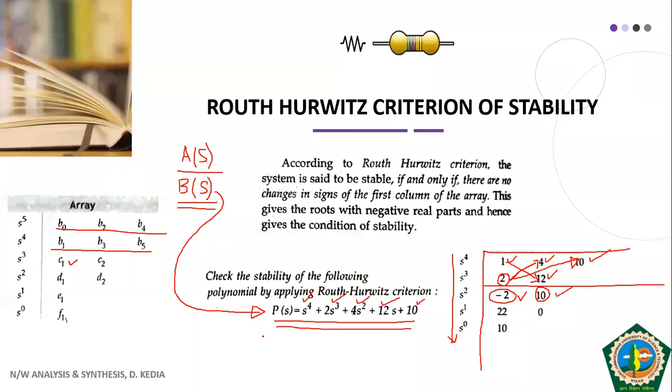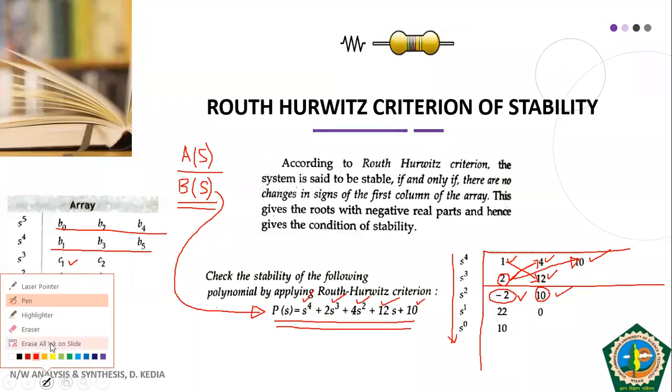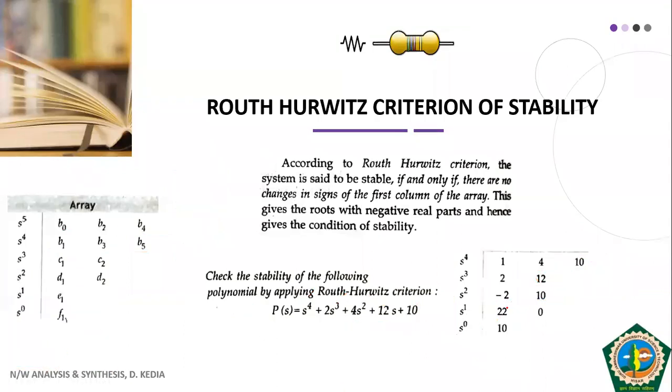Now, how to find out this? In order to find out this value, we need to multiply this. So minus 24, and what is this? Minus 20. So this becomes minus 44. Minus 44 divided by minus 2 gives us 22.